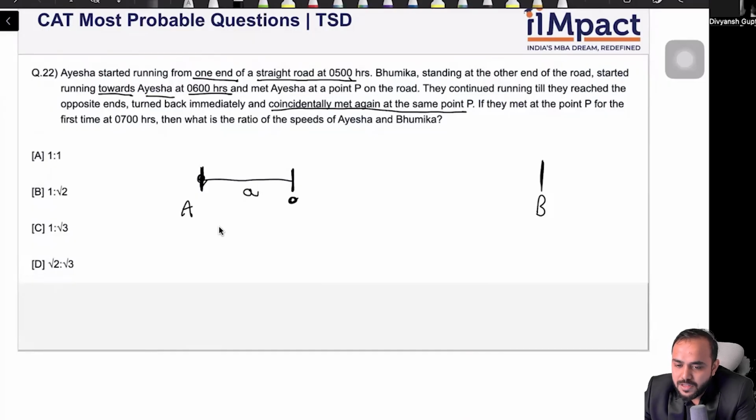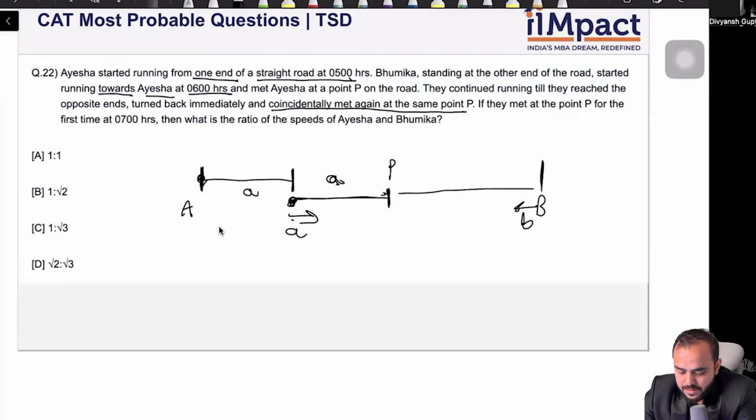If they met for the first time at 7 hours, so this is your 6 hour situation, and they both traveled for 1 hour to reach their meeting point P for the first time, which means the meeting point will be here at a distance of a from this and at a distance of b from this, a into 1 and b into 1.